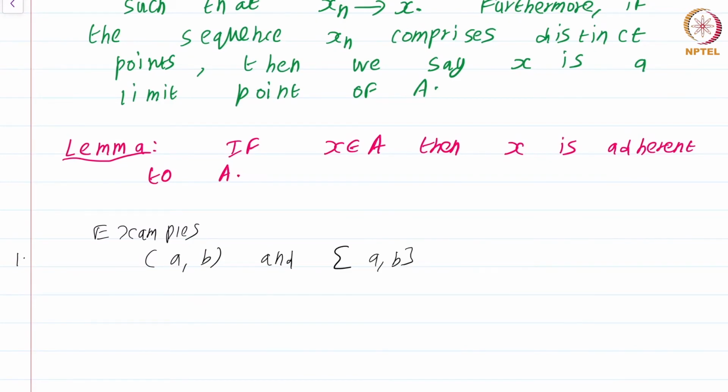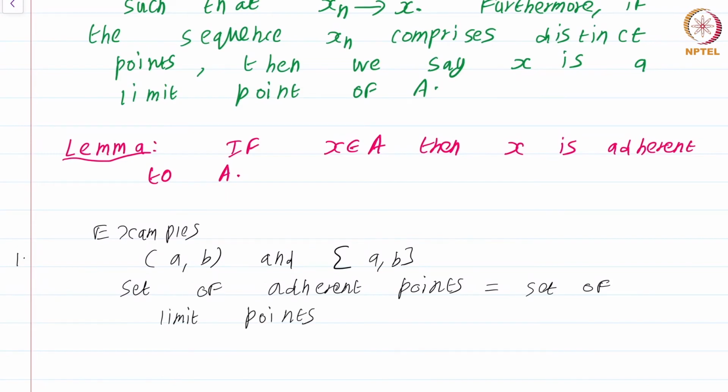The set of adherent points in both scenarios is equal to the set of limit points, and both are equal to the closed set [a,b]. From the previous lemma, it's clear that every point in the open interval (a,b) will be an adherent point of both the open interval and the closed interval.